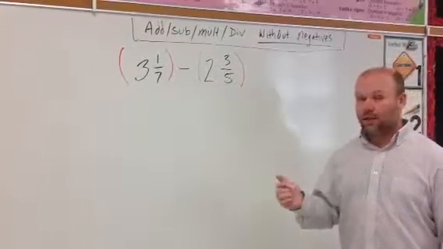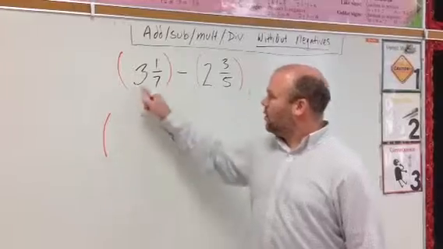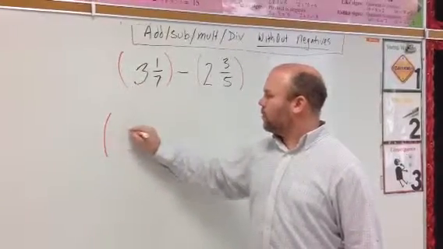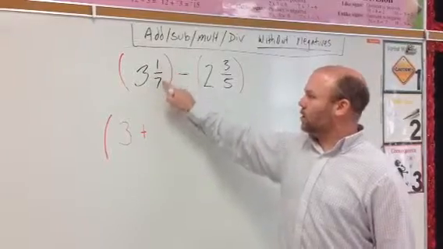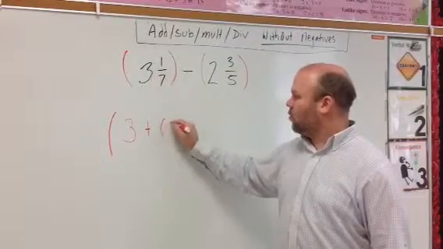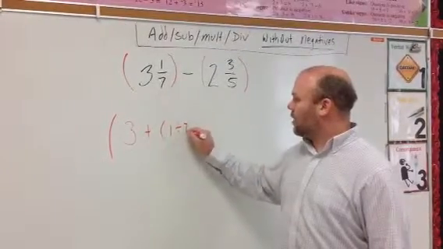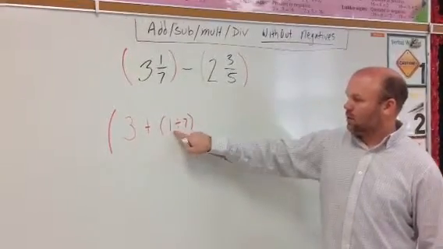So here's how we're going to enter it into our calculator. We're going to put parenthesis here, then we're going to do 3 plus our fraction. Our fraction here is 1/7. Remember, fractions always are entered in parentheses. 1 divided by 7, close parenthesis. So we have 3 plus 1/7.